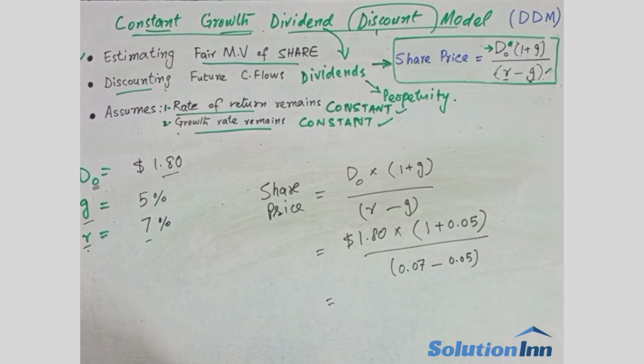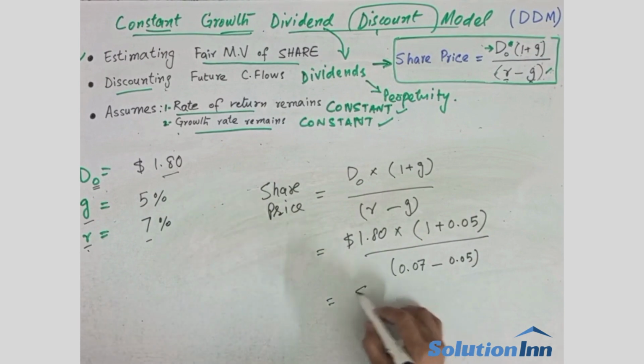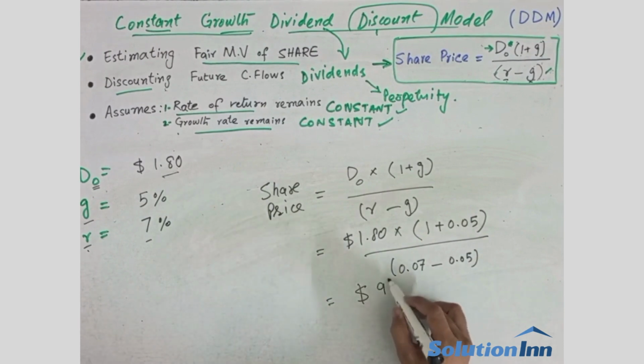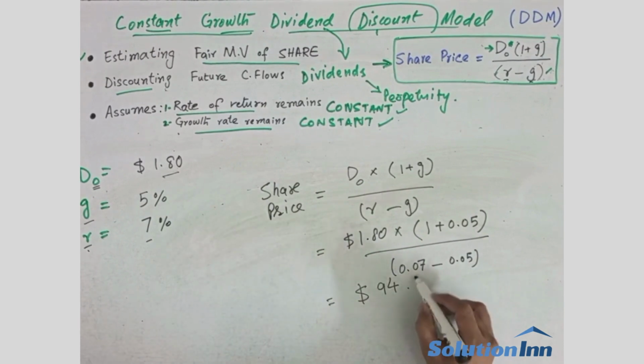So if we use a calculator, the formula will give us a value of 94.5.